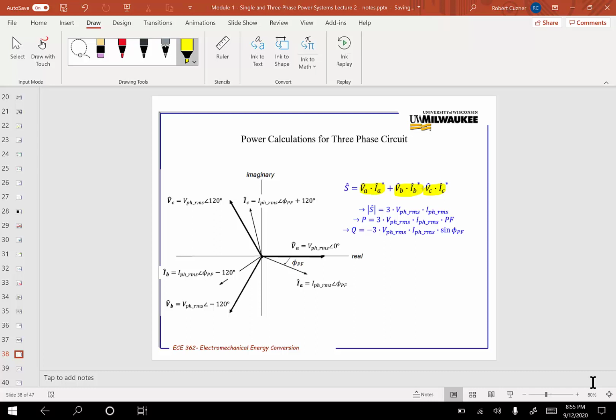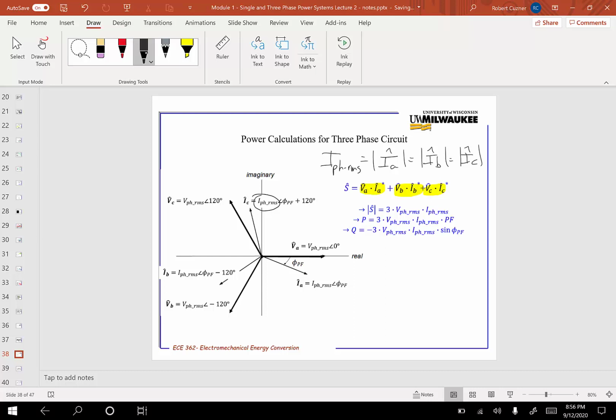If I do that, since it's a balanced circuit, the IA magnitude equals the IB magnitude equals the IC magnitude, and we know that is what we're calling right here I phase RMS.